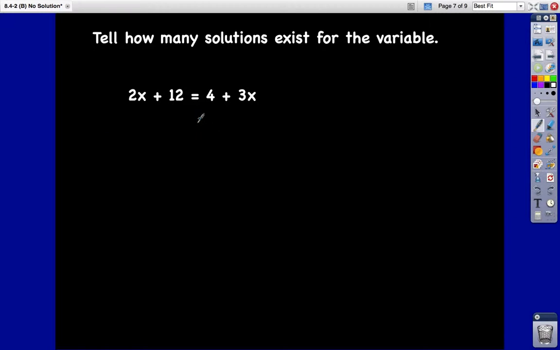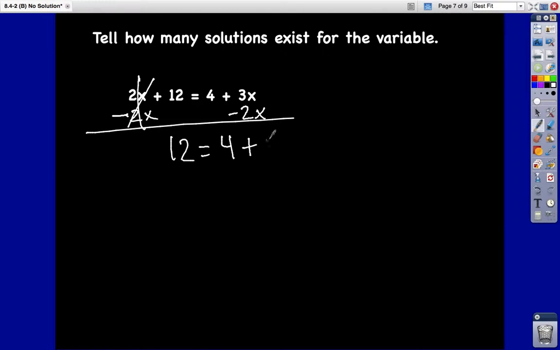This problem, I don't know how many solutions exist. Let's find out. But I can tell right away, because there's a different amount of x's, that there's probably only going to be one solution. So I'm going to begin by subtracting 2x from both sides. I'm going to put my x's on the right-hand side this time, just for fun, just to show you that you can. So these cancel out to 0, so I'm left with 12 equals 4 plus x, because 3x minus 2x is just 1x.